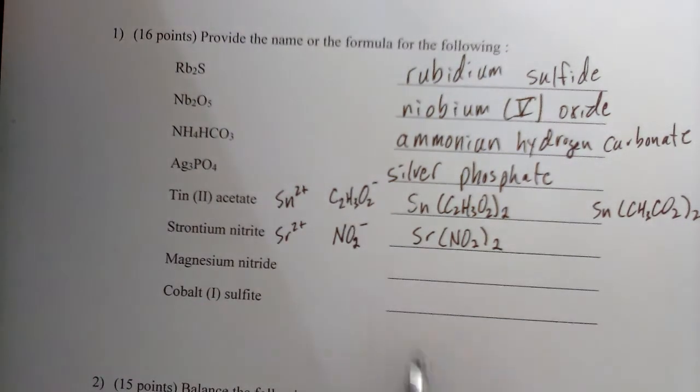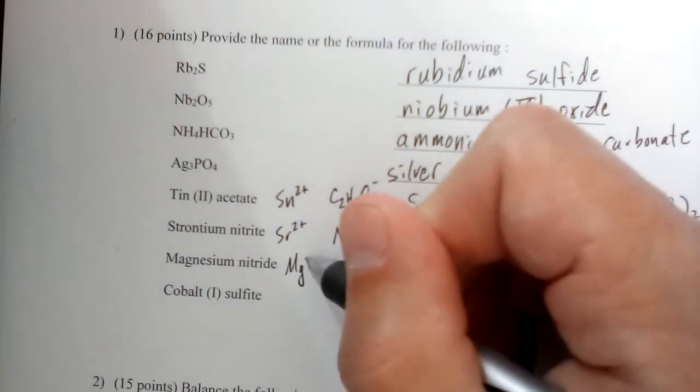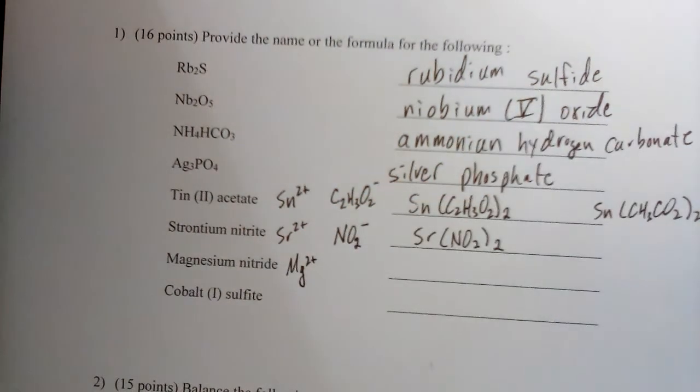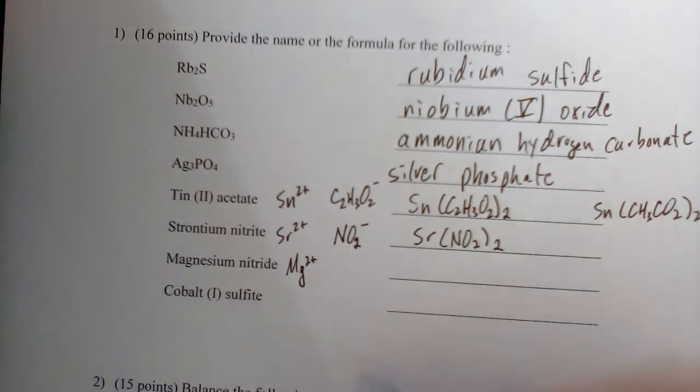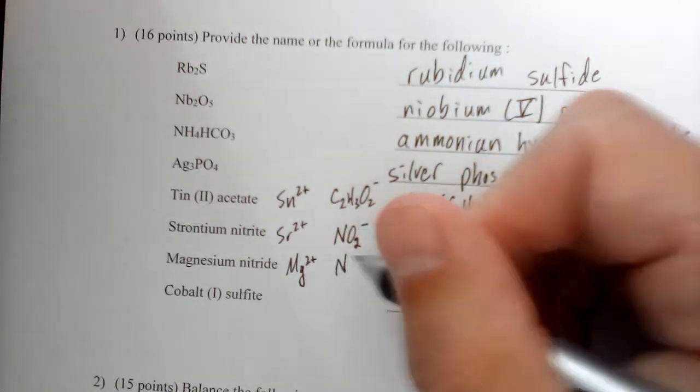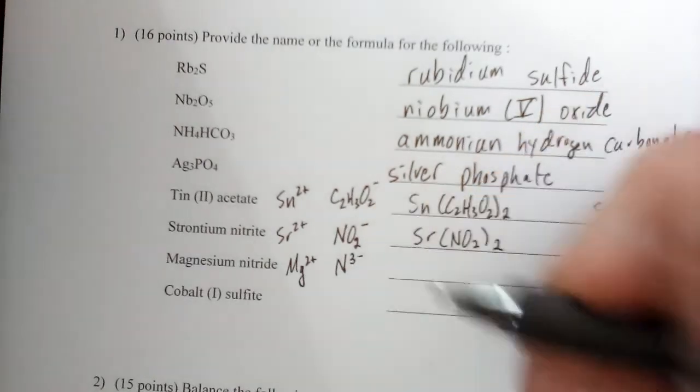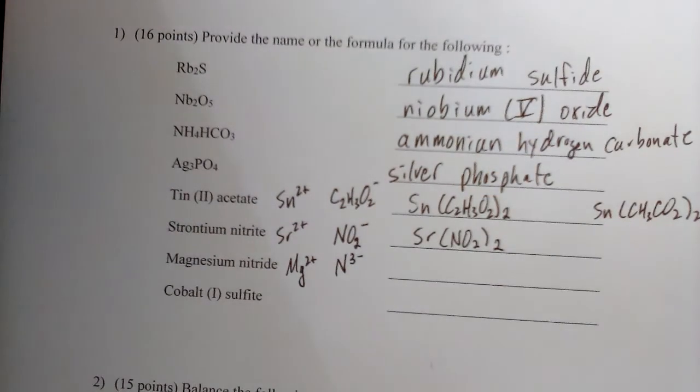Okay, magnesium nitride. Magnesium is also in the second column, just like strontium, so that's magnesium 2. Now nitride, IDE at the end, means this is an atomic ion, the ion based on the element nitrogen. Where nitrogen is in the periodic table, it has a -3 charge.